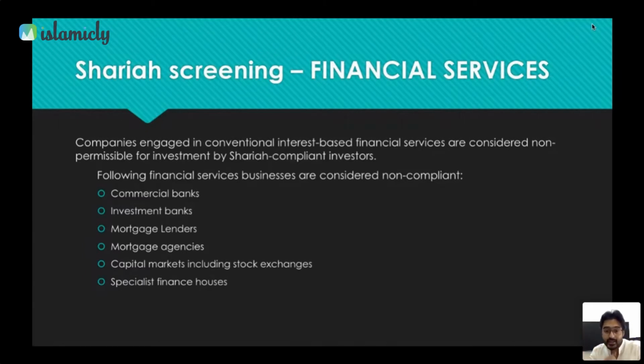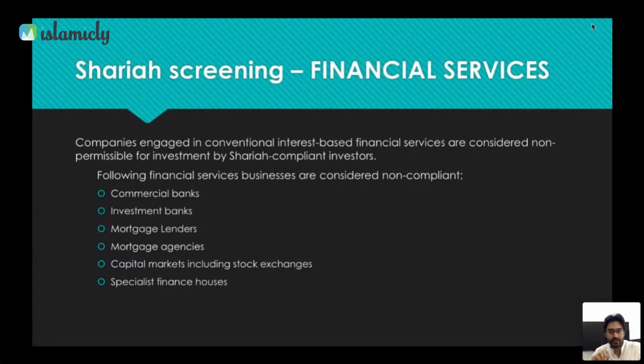So this has been discussed very thoroughly with the Shariah board, and the Shariah board believes that conventional stock exchanges and capital markets are Shariah non-compliant, not because it allows trading of equities, but because of a lot of other things that they do.